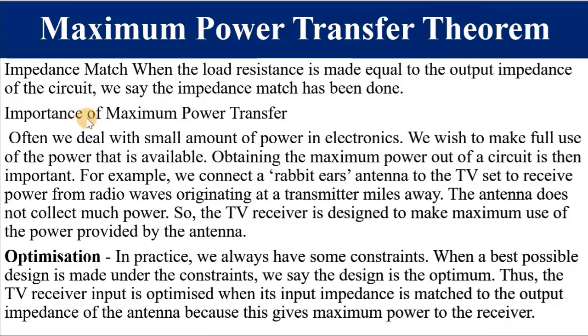Right? What is the significance or the importance of maximum power transfer? We often deal with a small amount of power in electronics. For example, to obtain the maximum power out of a circuit is very important. We connect what we call rabbit ears antenna to the TV set so that you are able to receive power from radiating waves. What do we mean by radiating waves?